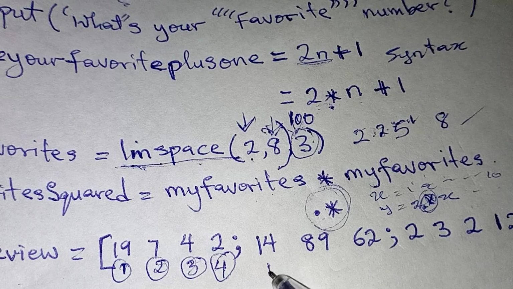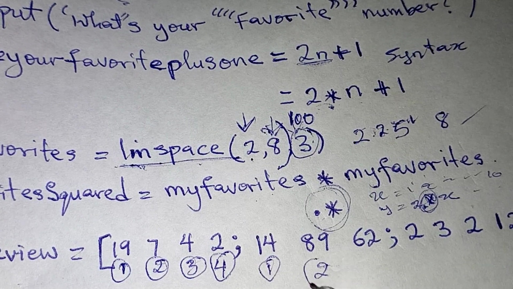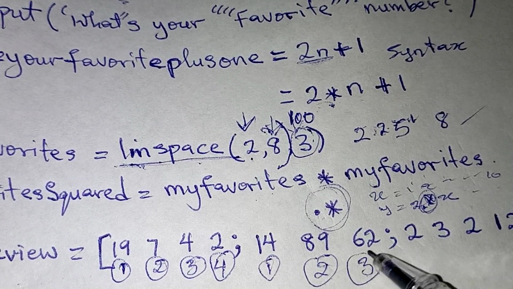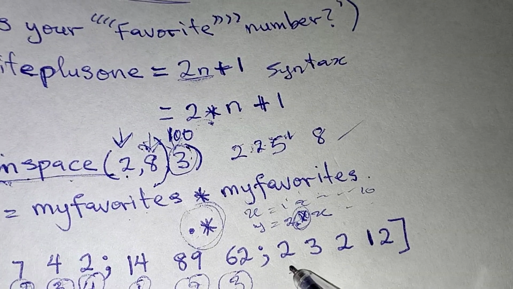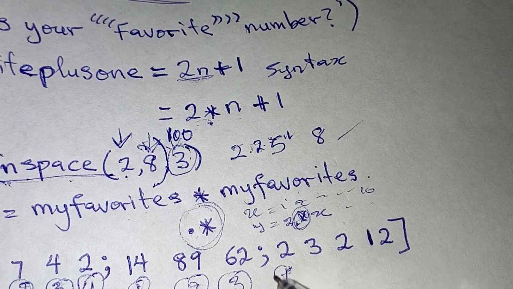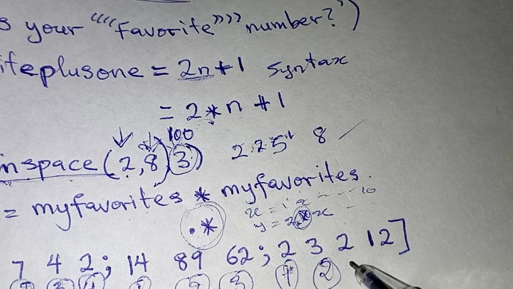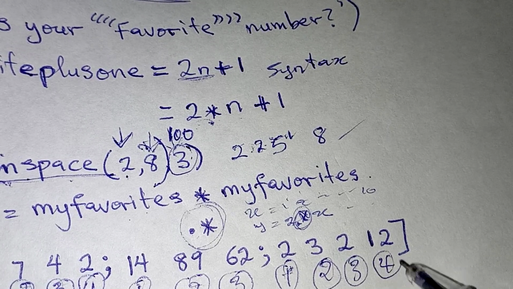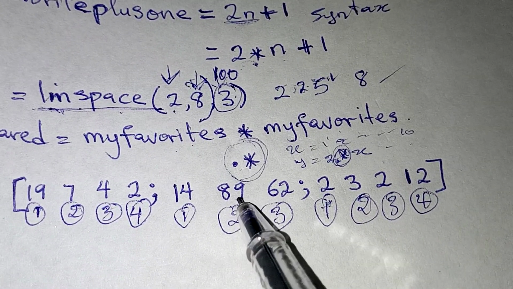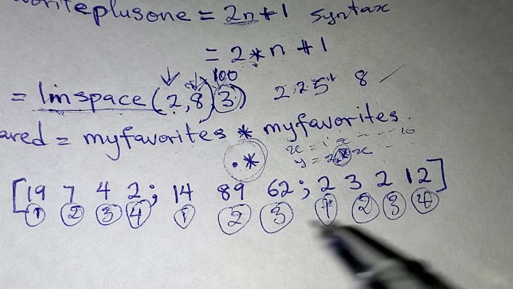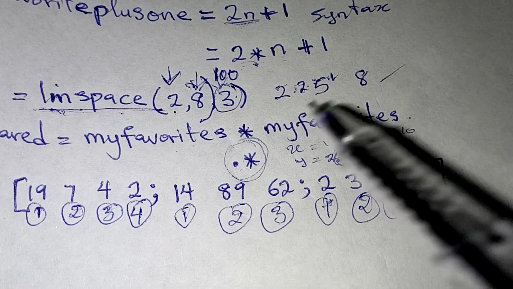Then look at what happens to this, 1, 2, 3. Because of the way it has been written, look at the last aspect after this colon, 1, 2, 3, 4. So it simply means there is a problem here. It will not run. It will tell you that the arrangement doesn't match.